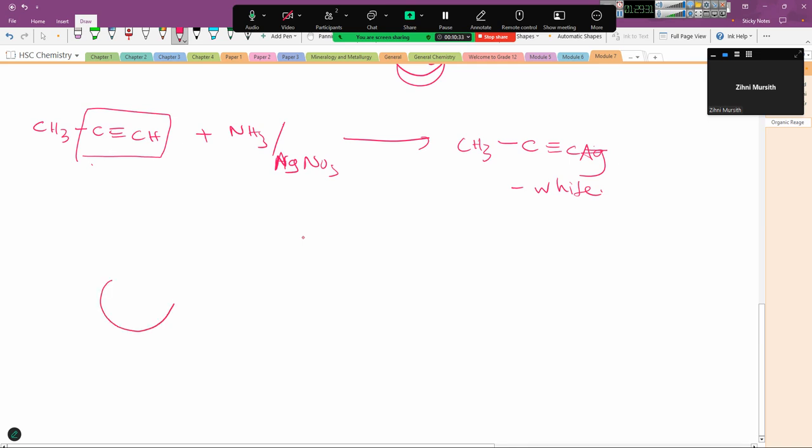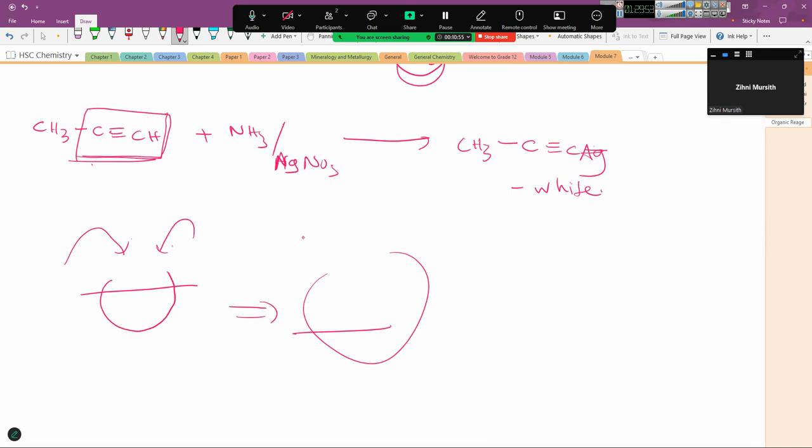Let's say we have this substrate, this is what we have to identify. To identify whether this group is present or not, we can simply put ammonia and AgNO3, and shake, and if we get a white color precipitate, we can conclude that this group is present in the compound. That's all. Very simple, right? And if you don't get a white color precipitate, what can you conclude? This does not exist in the given sample.